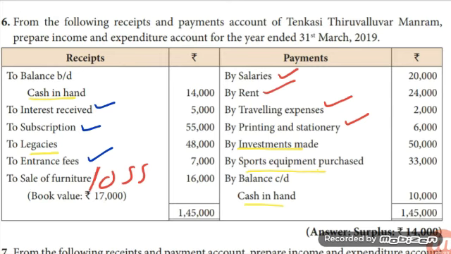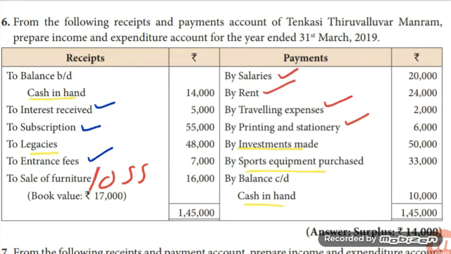Okay children, what are the credit side items in income and expenditure account? By interest received 5,000, by subscription 55,000, by entrance fees 7,000. Now we recorded all incomes. Then come to the credit side and mark the revenue payments.